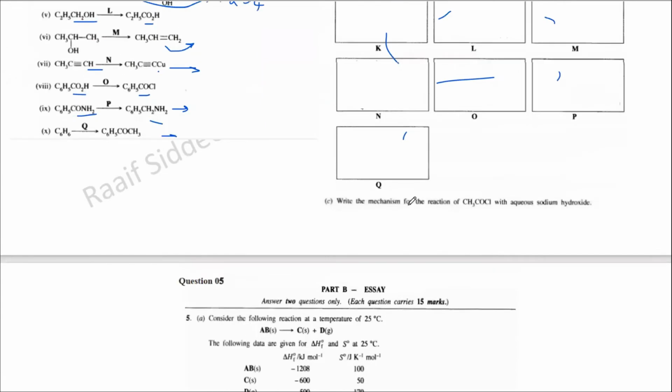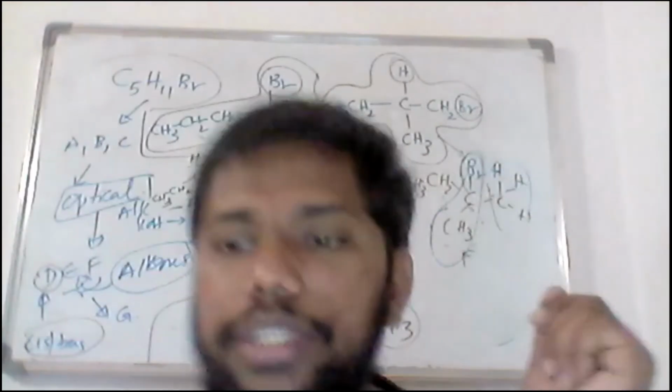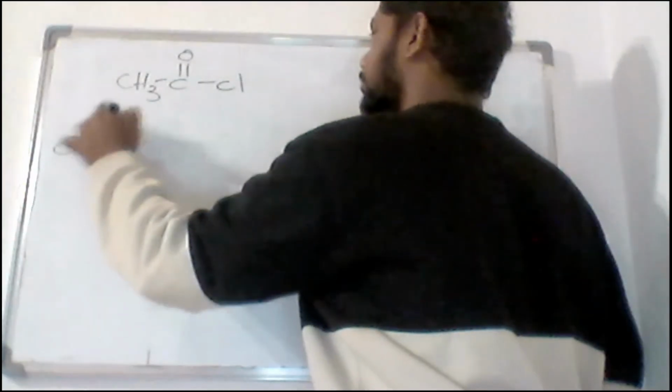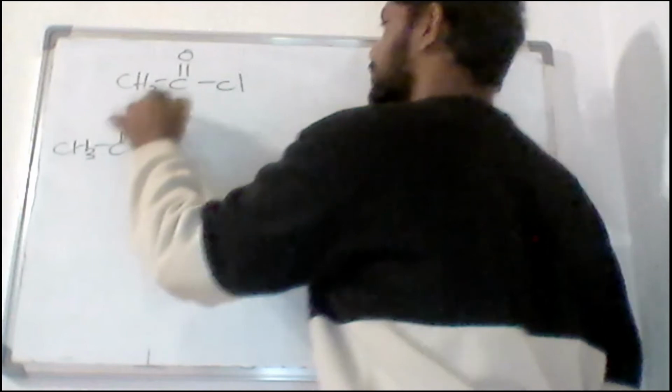Right. Part C, write the mechanism for the reaction of CH3COCl with aqueous sodium hydroxide. So I will use the board here to explain some important information. CH3COCl. Okay, remember, this is an acyl chloride that is derived from carboxylic acid.